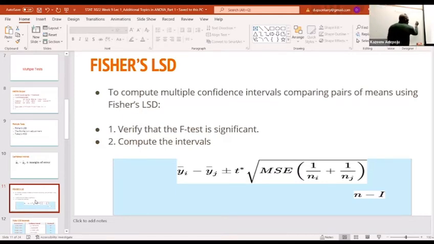Now let's take a look at this. When m equals 20, for instance, and your alpha is 0.05, and you want to use the Fisher LSD, the probability of committing type 1 error will be more than 0.05. Let us try it. It's going to be 1 minus 0.05 raised to the power 20.